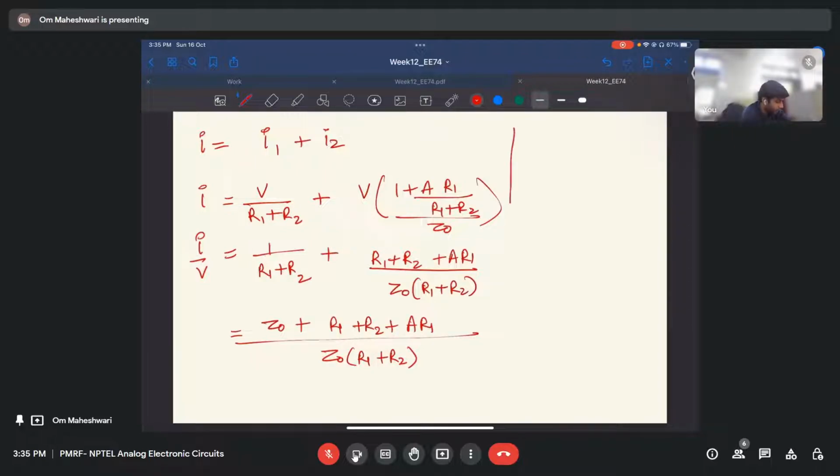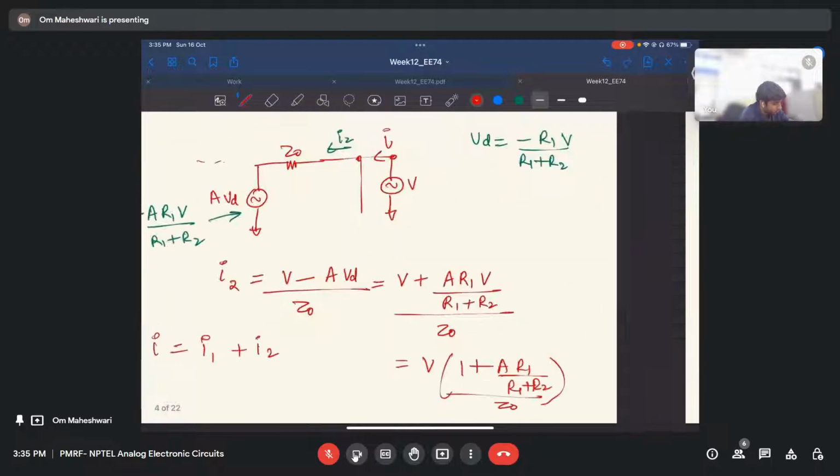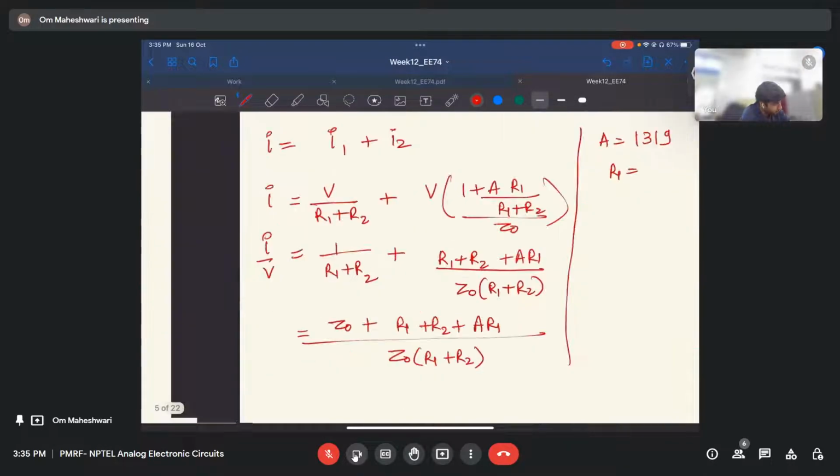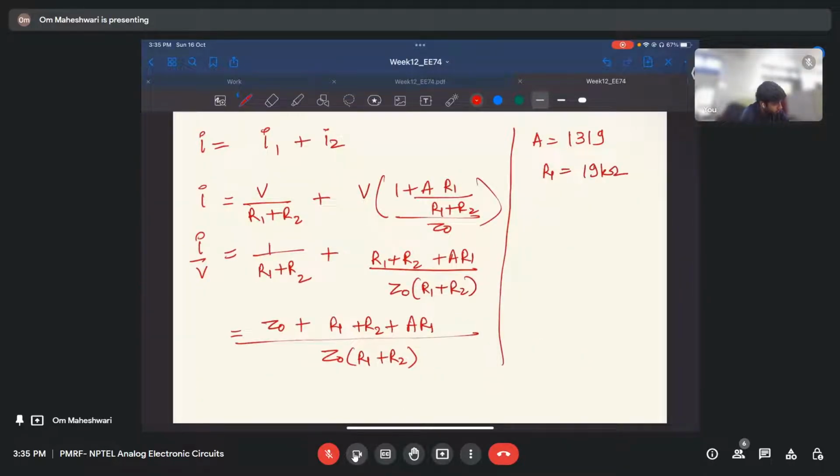Now, if we look back at the values, A was 1319, R1 was 19 kilo ohm, R2 was 23 kilo ohm, and Z naught was 399K.